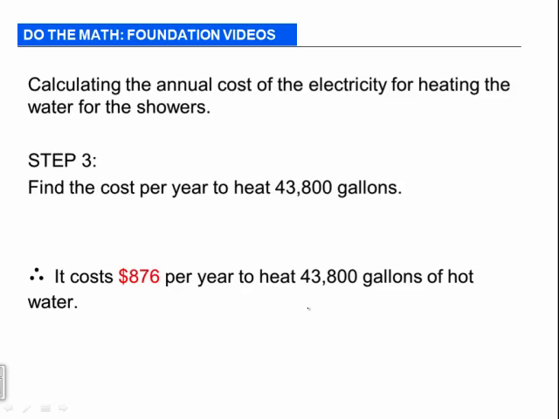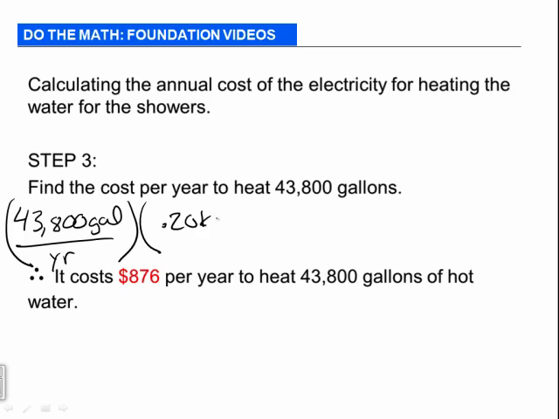How much is that going to cost them per year? We know the number of gallons that they use, so I'm going to write that down: 43,800 gallons per year. All right, that's in a year, right? Now, in the problem, we knew that there was 0.20 kilowatt hours, that's a unit of electrical energy, per gallon. I write it this way so that the gallons will cancel, right?